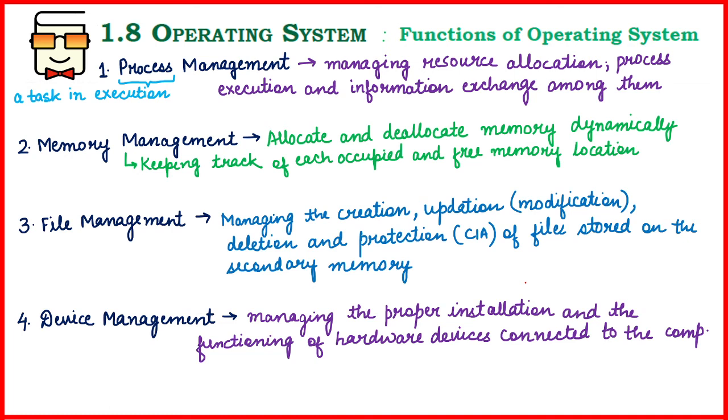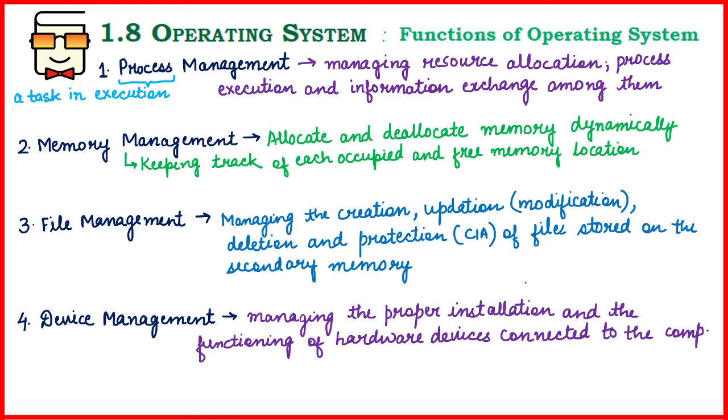Okay, then comes memory management: keeping track of allocated and deallocated memory locations. Allocated memory locations must also be freed, and dynamic memory allocation and deallocation must also be taken care of. File management is basically managing the creation, modification, deletion, and protection of files.